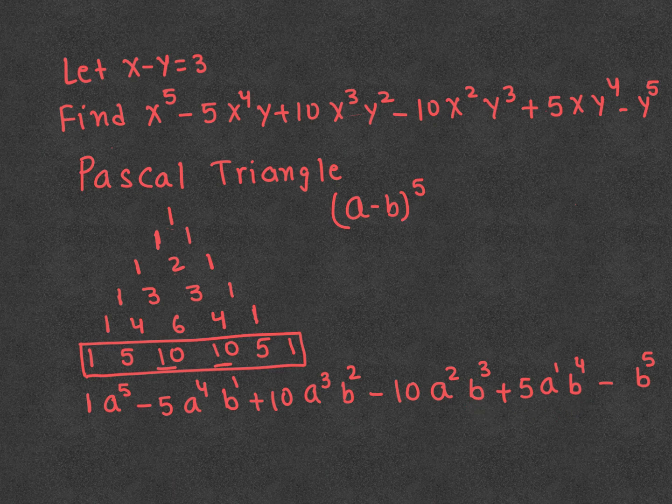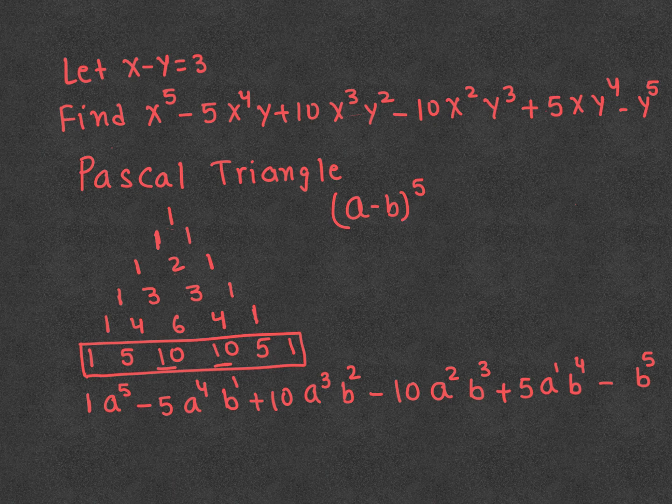Now what is given in our case? In our case, it is not asking us to write a minus b to the power 5 in standard form, but we are given the standard form here, where the exponent starting from 5 is decreasing by 1 degree, and the coefficients are 1, 5, 10, 10, 5, and 1, which are these ones.